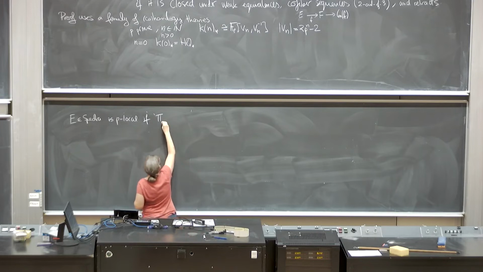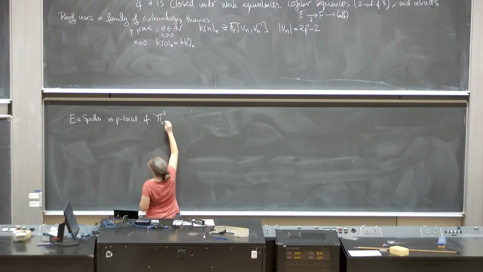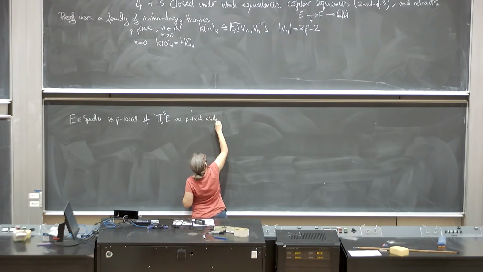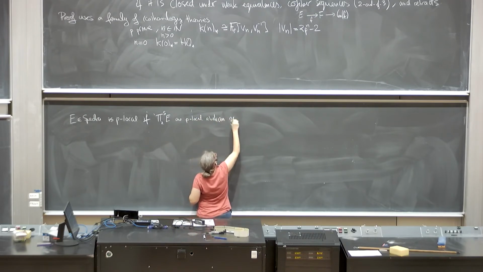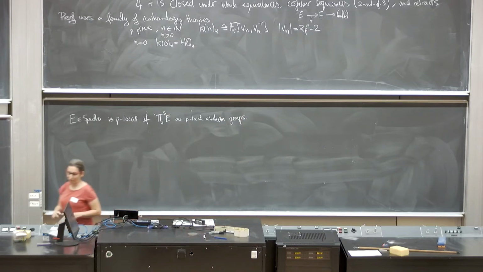So that means that homotopy classes in this context from the sphere spectrum into X are p-local abelian groups. And there is a localization which takes your spectra to a p-local spectrum.